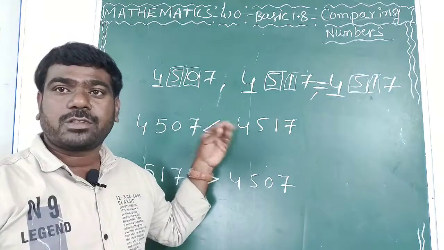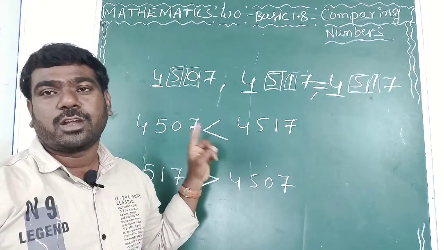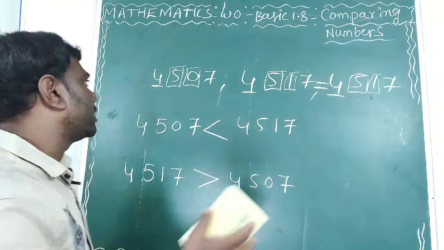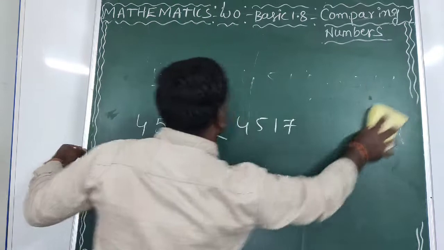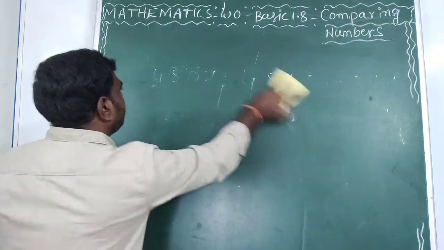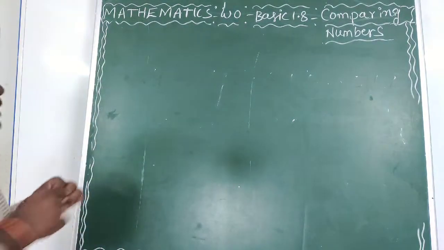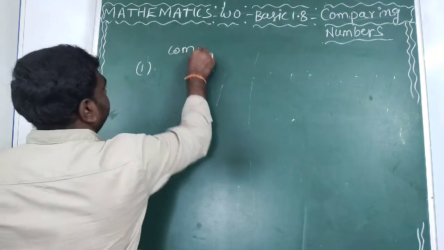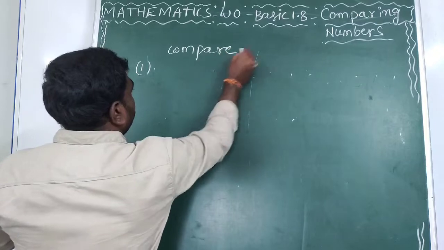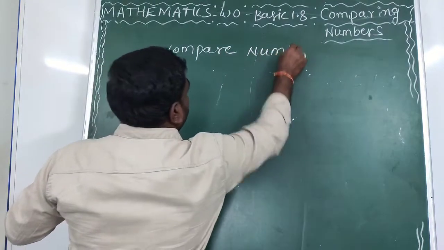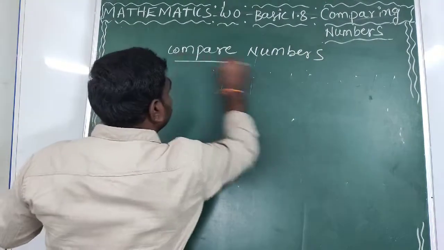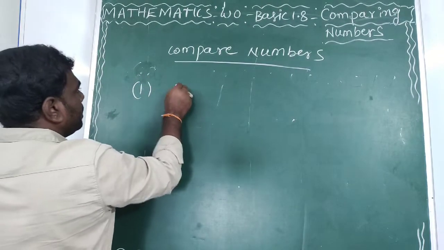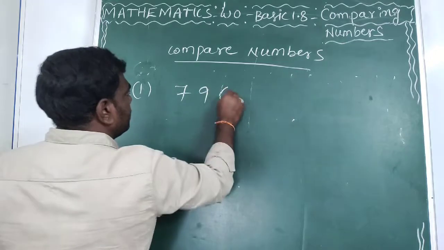Now I will give some problems for homework. You can do those problems, and you can also try your own problems. Okay, I will give them here. Compare numbers. First one is 7,000.